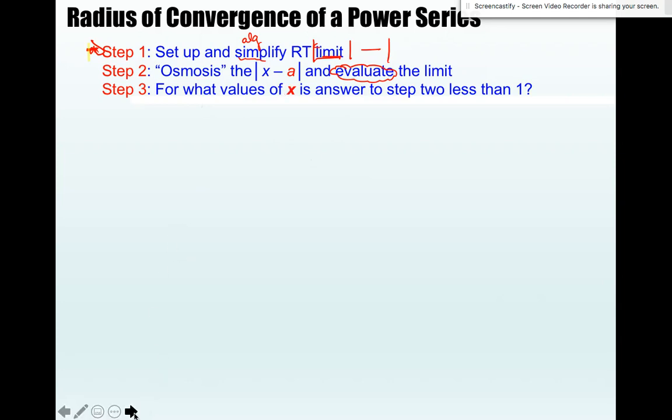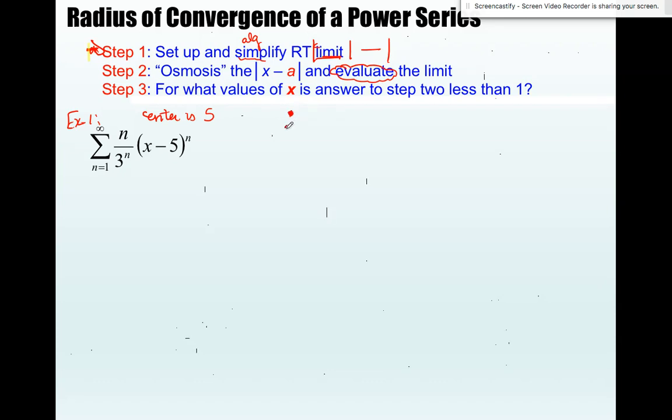Okay, so let's do an example. So the directions that I erased: does this power series converge? And if so, what's the radius of convergence? So first, talk to me about the center. Where's the center? Right, 5.